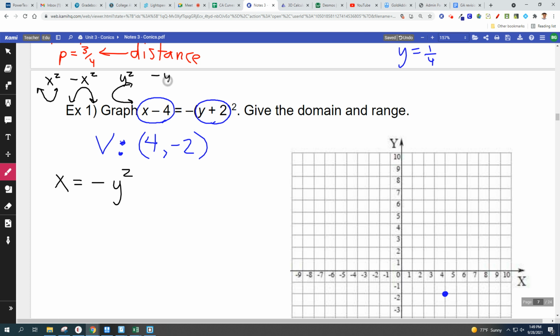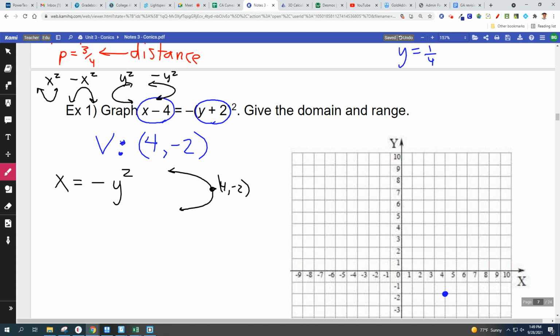A -y squared, like we have now, is going to open backwards. Memorize those 4 things if you need to, but I know what direction this is going to point. I know this is going to point like this. And the vertex just so happens to be at 4, -2.